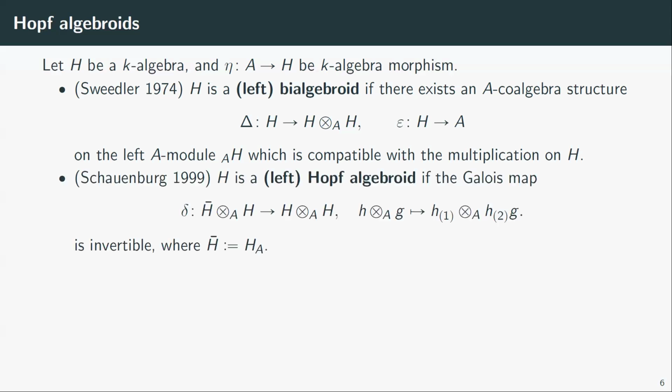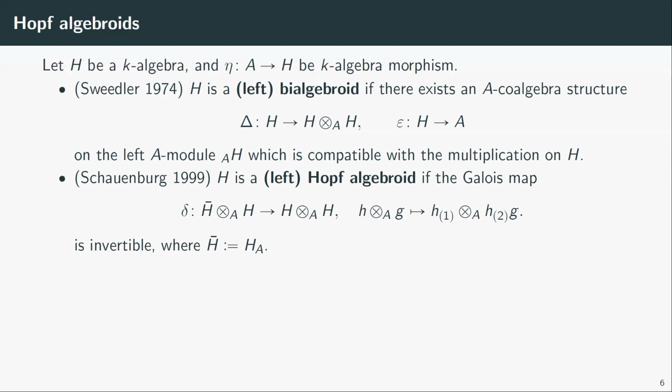Next, we say that the bialgebroid H is a left Hopf algebroid if this Galois map is invertible. Note that in the definition of the Galois map, we use the right action for the tensor product for the domain of delta. And on the right, we have the tensor product as left modules. Okay.